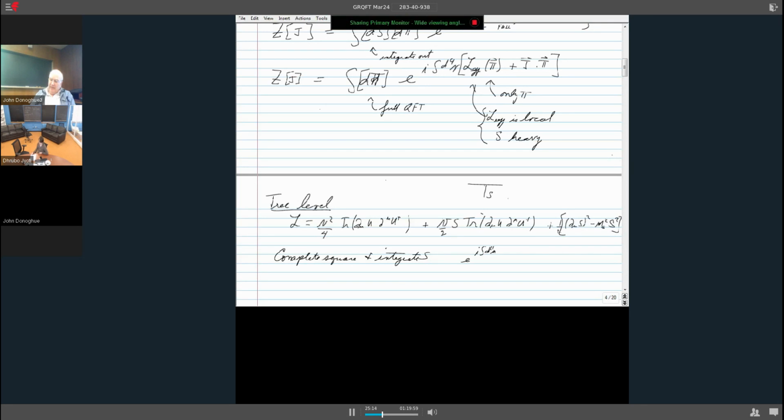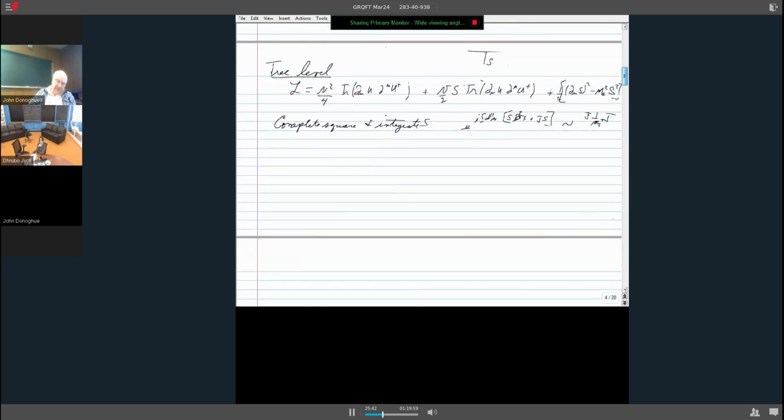So you do the complete the square trick and integrate out S. It was the type of thing that last time I wrote as e to the i, S operator S plus J S. And then I completed that square, and we ended up with something that went like J 1 over m_S squared J.